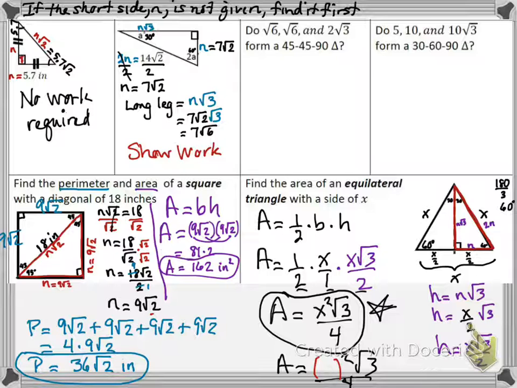First thing I look for in a 45, 45, 90 triangle, if all I know is the sides, is whether there are two sides that are the same. There are two sides that are the same. If it's going to be a 45, 45, 90 triangle, the inside would have to be the sides that are the same, and the other side is my n root 3 side.